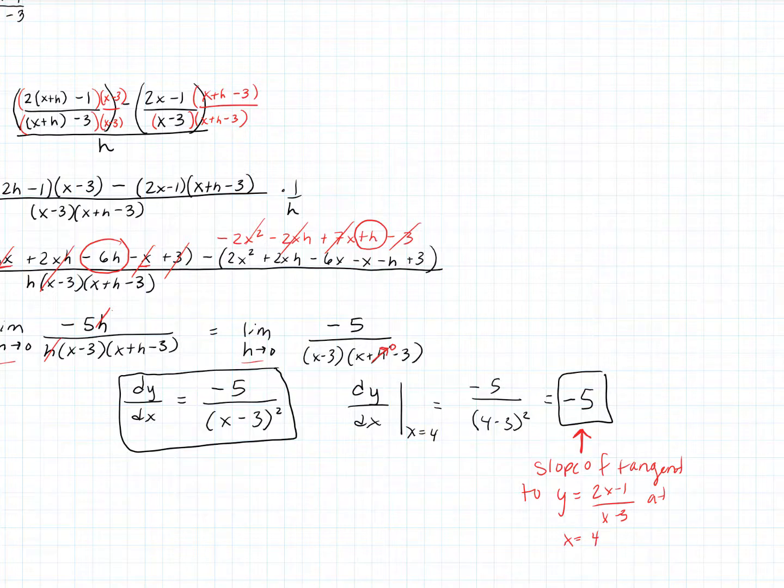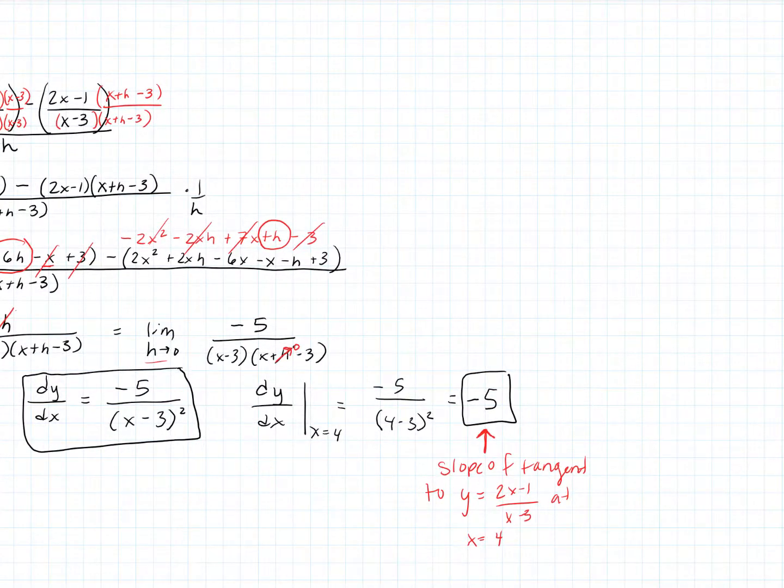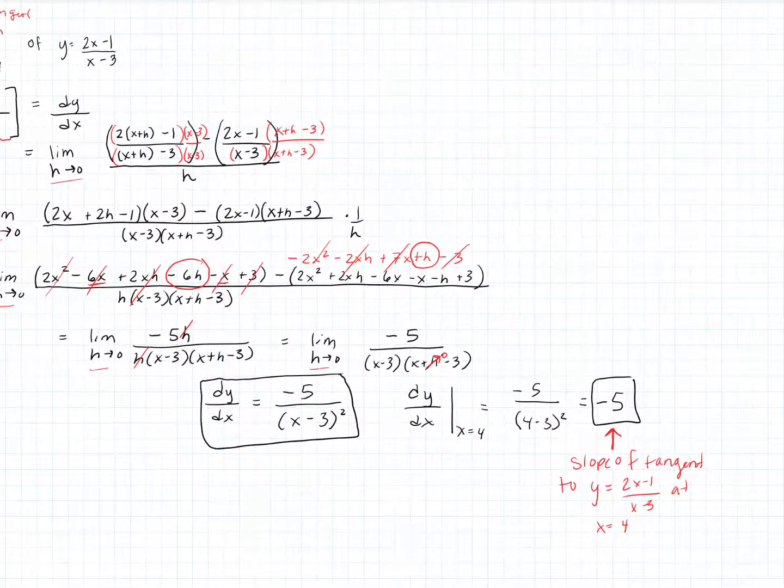That is a negative slope, so it would mean that if we were to zoom in on that function right at x equals 4, it would be decreasing at a rate of negative 5 over 1, at a slope of negative 5. Slopes are rates of change, and so they're telling us what's happening to the function at that point.